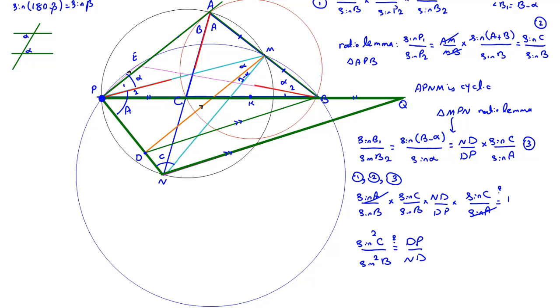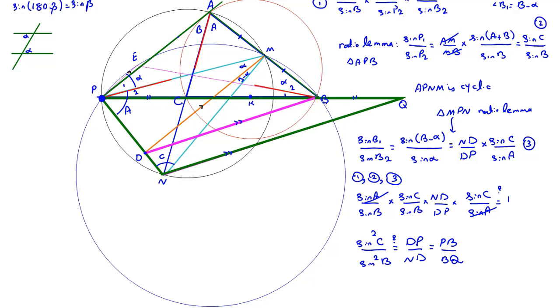In this triangle, and for this line, because these two are parallel to each other, we can say ND over, and DP over. ND is what? It is PB over BQ. So let's write DP over PB. Instead of ND, you can write BQ.